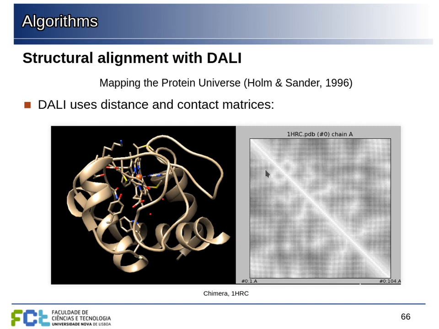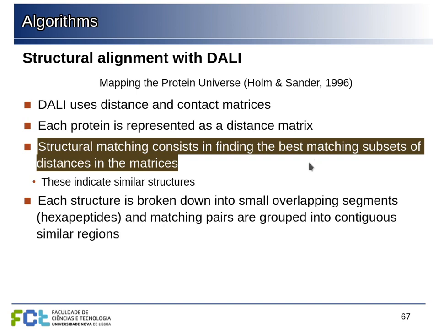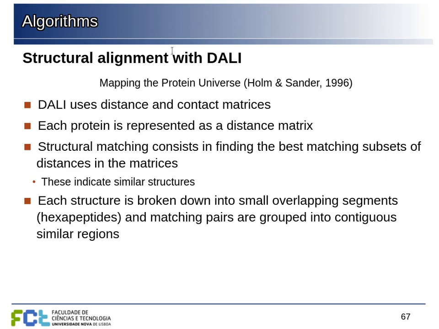With these distances we can represent each protein with its own distance matrix and then look for patterns in subsets of these matrices that are similar between the two proteins. These indicate sets of atoms that have a similar network of distances, so these local structures should be similar.